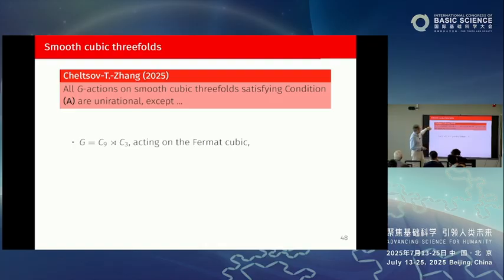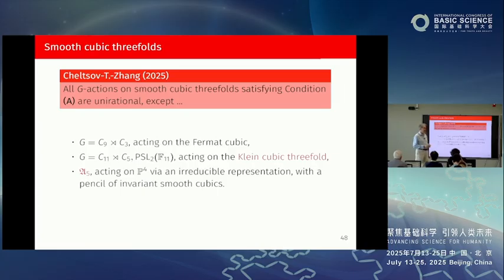Suppose you have a cubic threefold satisfying condition A, necessary condition for unirationality, then you are unirational, except, of course, this is nasty because it has 3 in it. And then there are some others, including the Klein cubic threefold that we don't know about, the A5 acting on P4 by irreducible representation of A5.